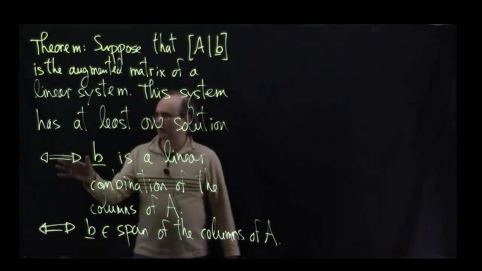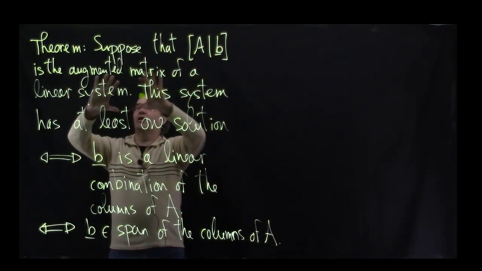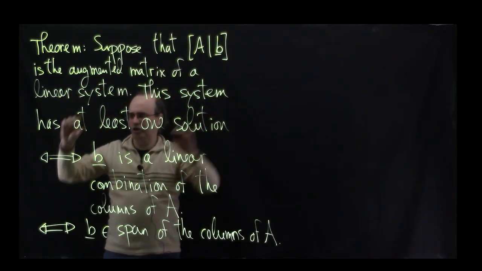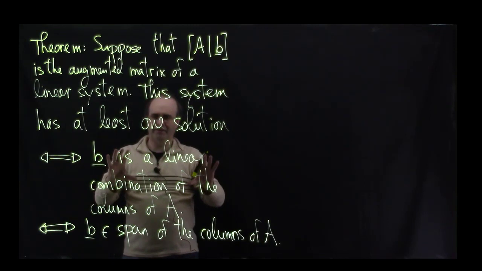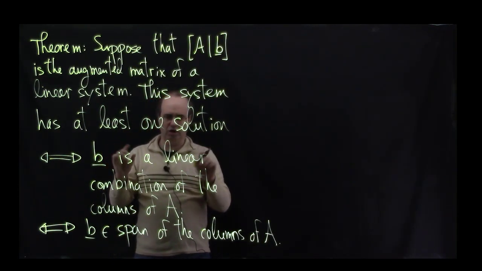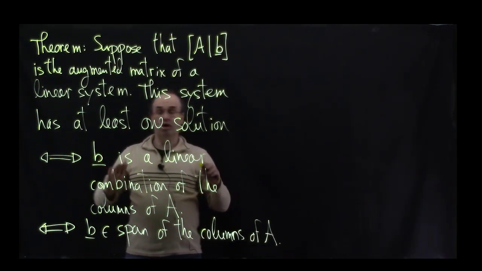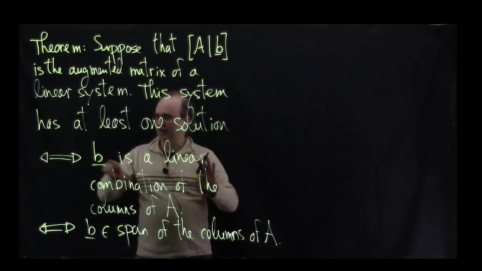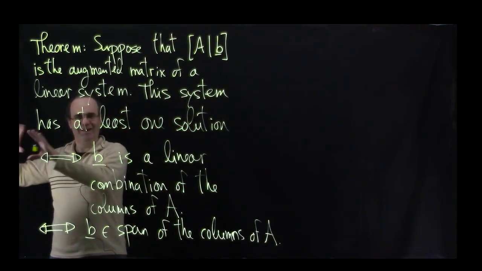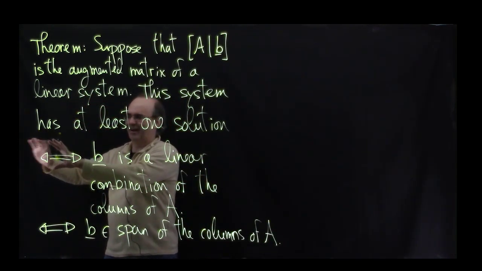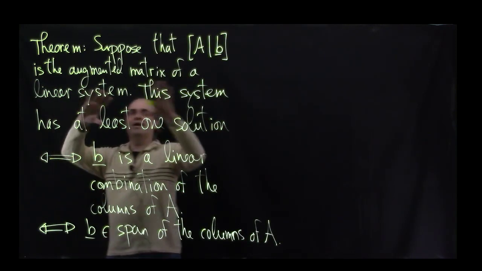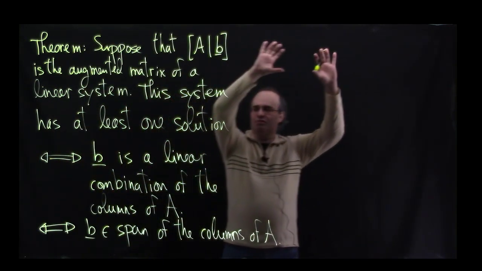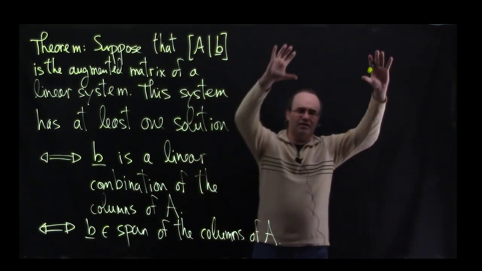Right, so again, this double arrow means if what I've written here is true, so if the system has at least a solution, then you can go from left to right and conclude that B is a linear combination of the columns of A. But also, if B turns out to be a linear combination of the columns of A, then I can use the arrow going the other way. I have to go back to what we had here.